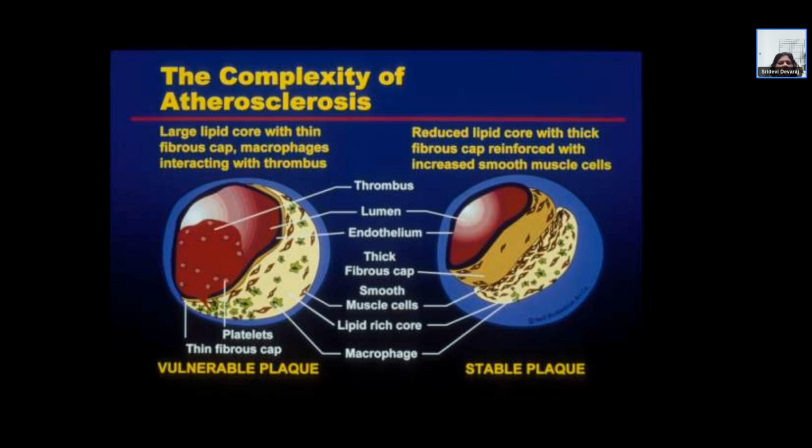And if you notice here, the stable plaque on the right side has a reduced lipid core, and the difference with the vulnerable plaque is this huge, large lipid core, which has all of these macrophages and which cause matrix metalloproteinases to cause a thinning of this lining, which results eventually in the thrombus.